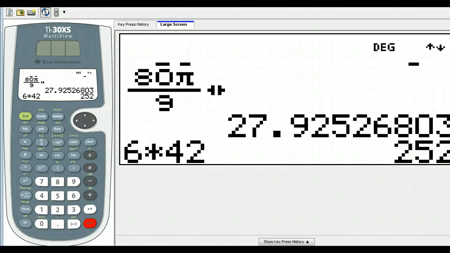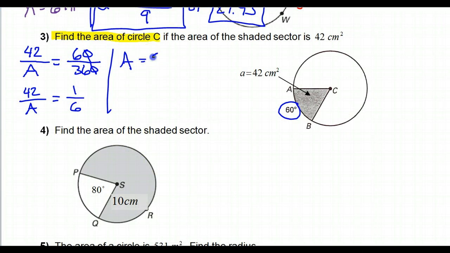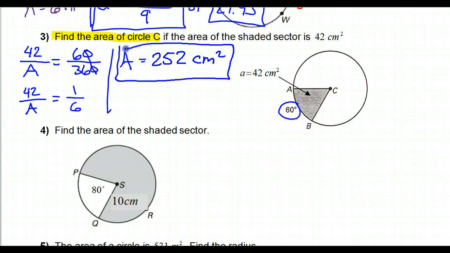That's 252. This time I have units. We're still doing area, so that will be centimeters squared. Alrighty then. That's number 3.